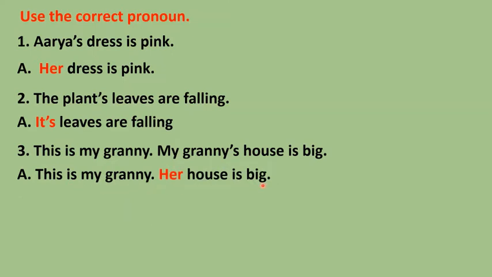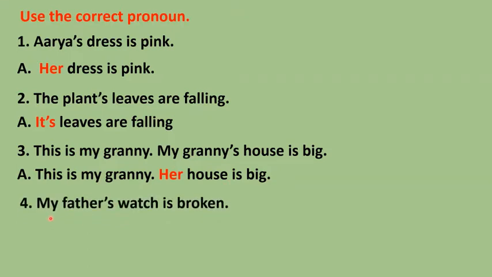Now, your granny is also a noun, but you cannot put the pronoun she. You have to tell the whole sentence, this is my granny, and instead of repeating granny again, you use the pronoun her because it has an apostrophe. You cannot write she house is big. Her house is big.